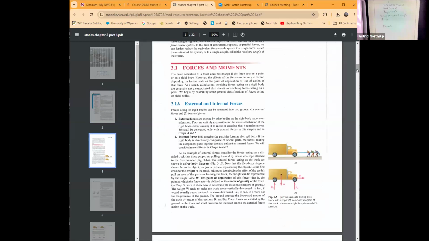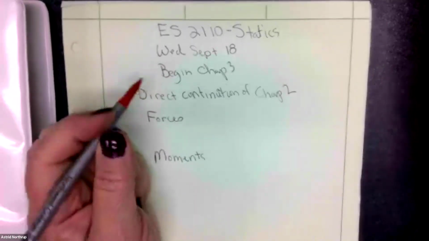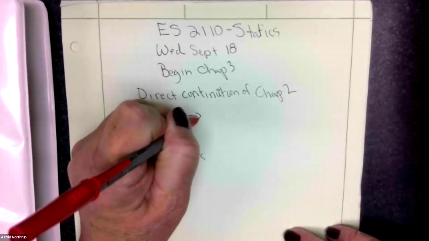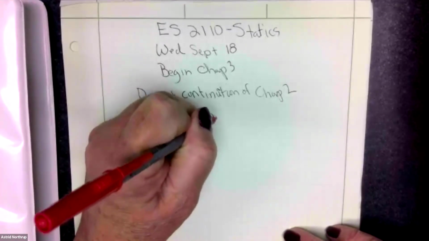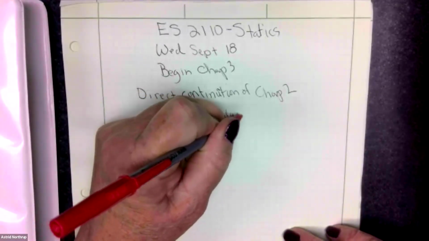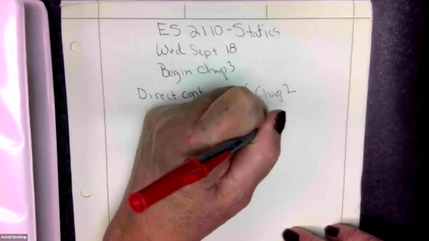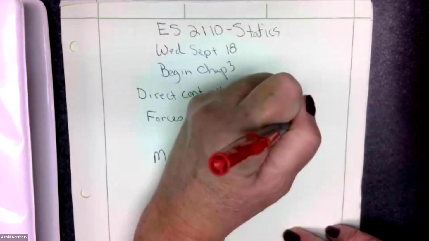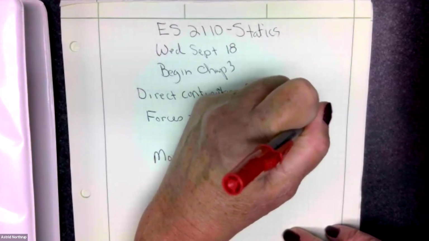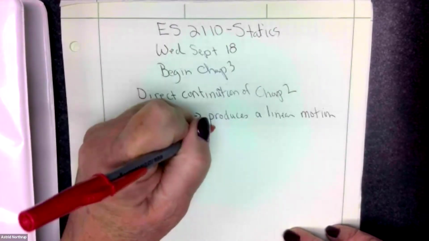The way that I always think about this is that a force, if it is not opposed, produces or tends to produce a linear motion in the direction of the force.